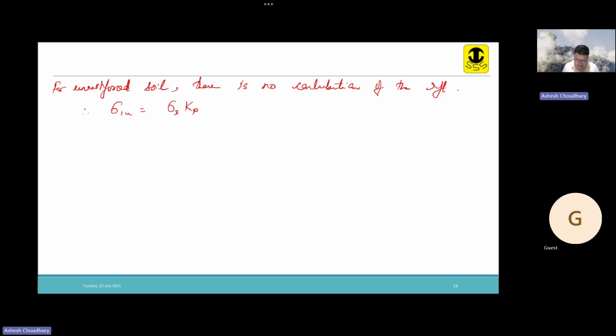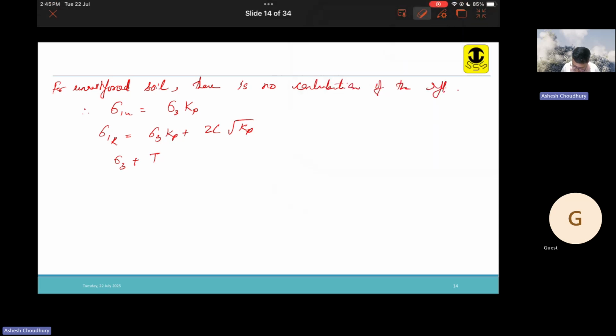C is 0, we are considering C is 0. And for the reinforced case, what did we get? Plus 2c root over Kp. Okay. So from here you can write sigma 3 Kp for the unreinforced case.